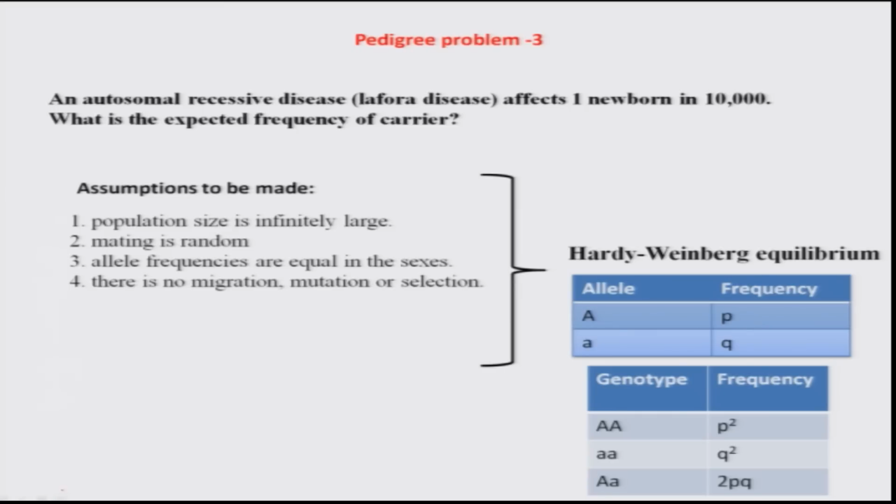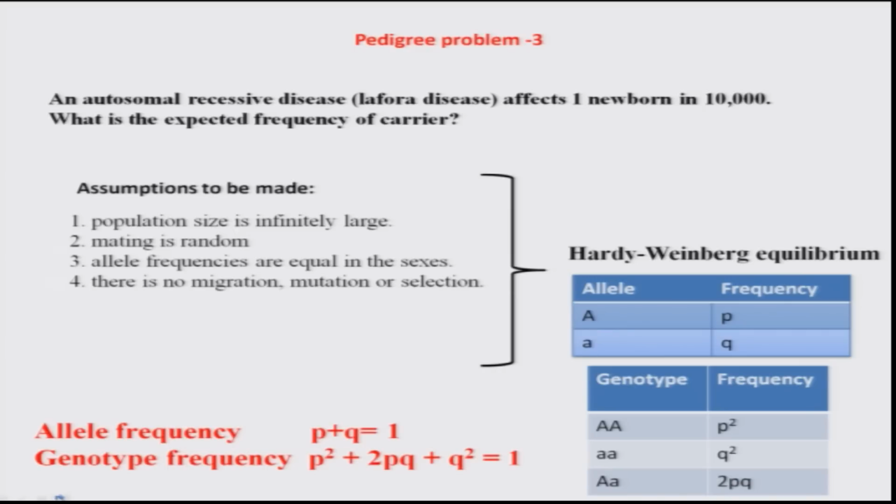Having understood this, there are two equations: for allele frequency, p plus q is equal to 1, and for genotype frequency, p square plus 2pq plus q square is equal to 1. These two equations will help you solve problems related to population genetics, considering the above 4 assumptions.